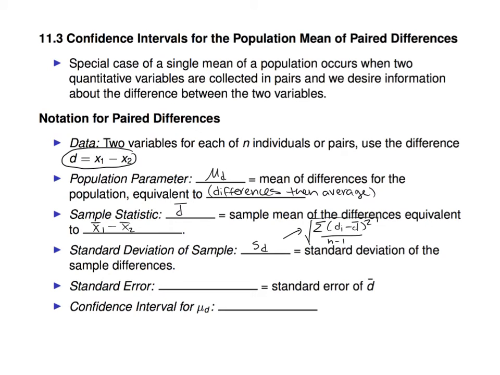The standard error, SE of d bar, is just S sub d over square root of n. And then the general form for the confidence interval is d bar plus or minus T star times the standard error of d bar. So it's very much the same thing as one mean, except the thing that you're taking the mean of is the differences.